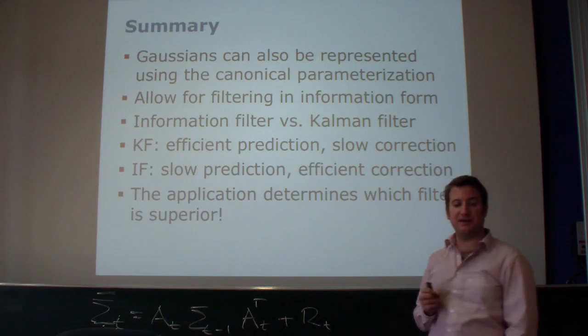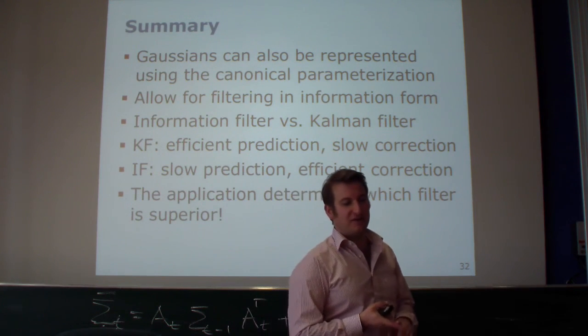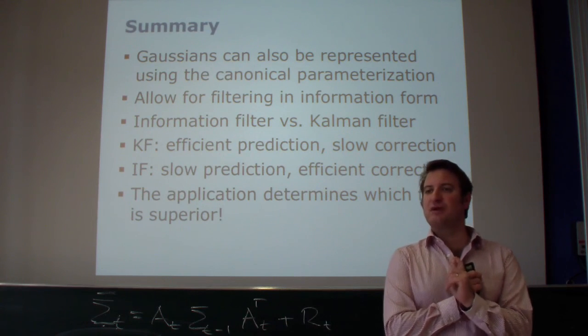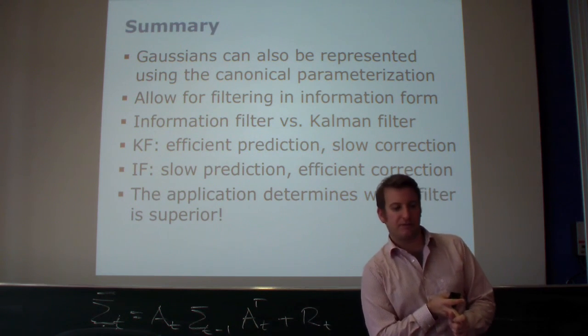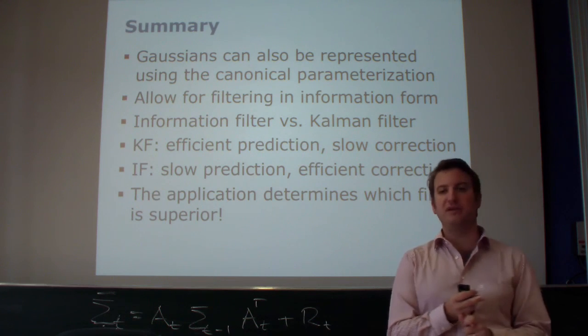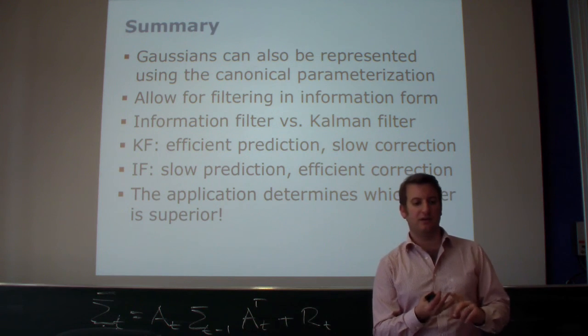So what should be the take-home message from this lecture on the extended information filter? First, Gaussians can be represented in 2 ways, moment form and the canonical representation. They are both equivalent in terms of the probability distribution they represent.